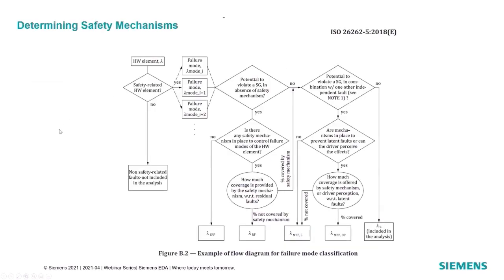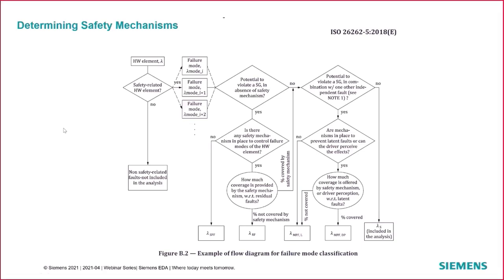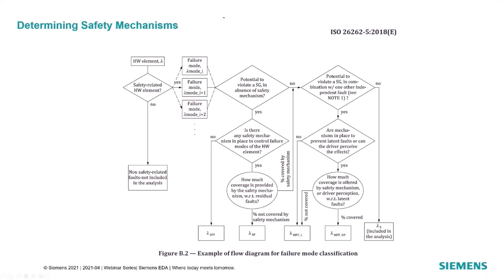Thank you. So we have talked about the fit. We have talked about how we explore safety mechanisms, and how we actually determine the safety mechanism. The standard in chapter 5 guides us on how to find and determine the safety mechanism. We have used the same algorithm to determine the safety mechanism approach.